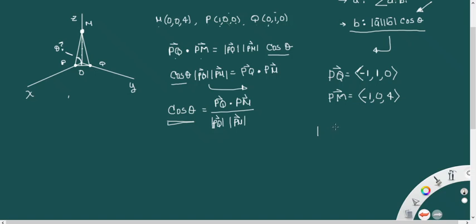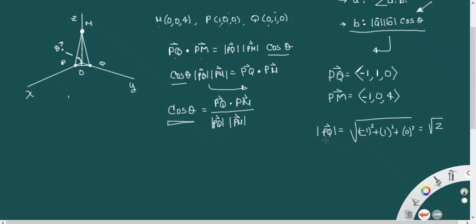So the length for vector PQ will be equal to the square root of minus 1 squared plus 1 squared plus 0 squared. 1 squared is 1, 1 squared is also 1, so the modulus or the length for this is the square root of 2. So this is the length of vector PQ.